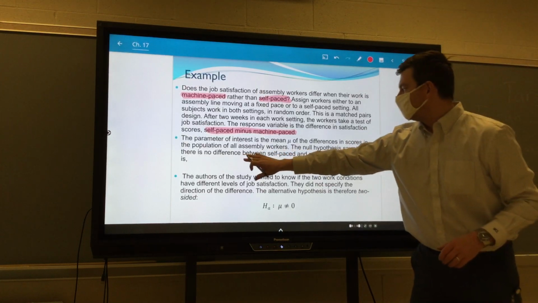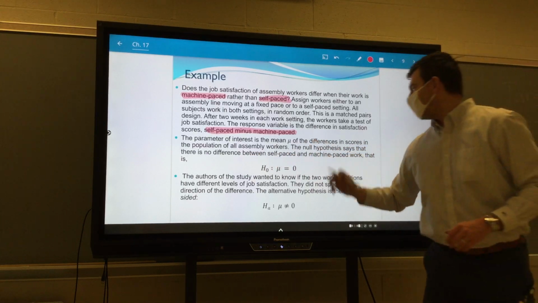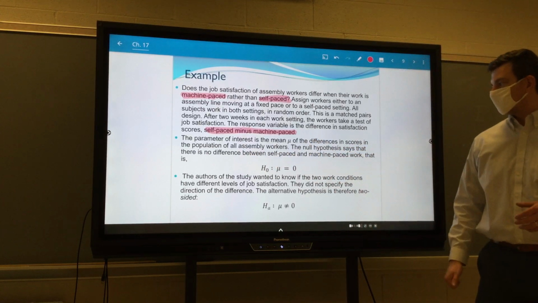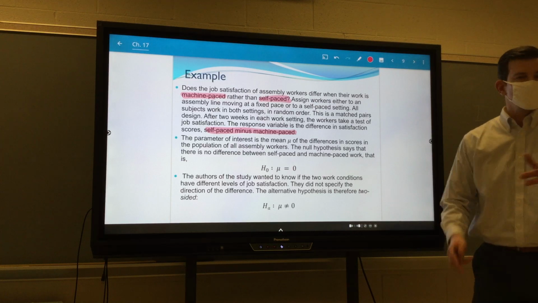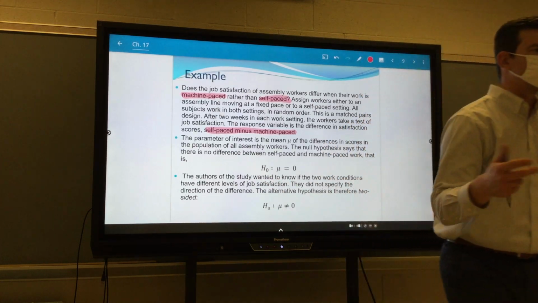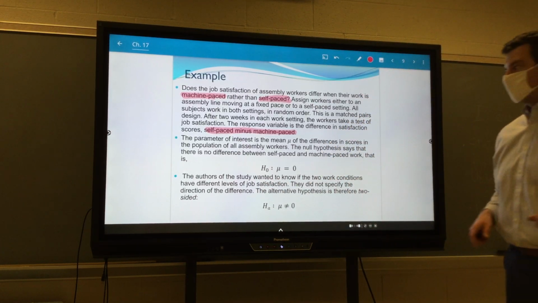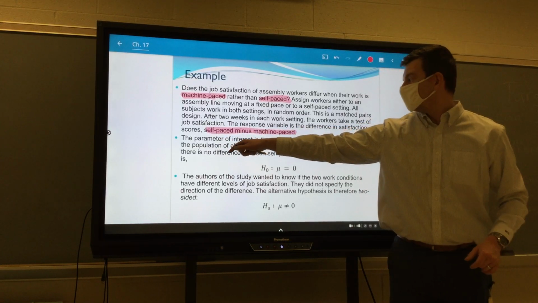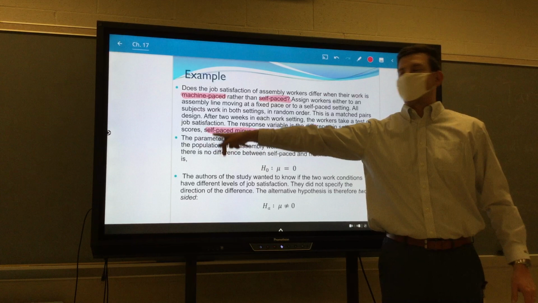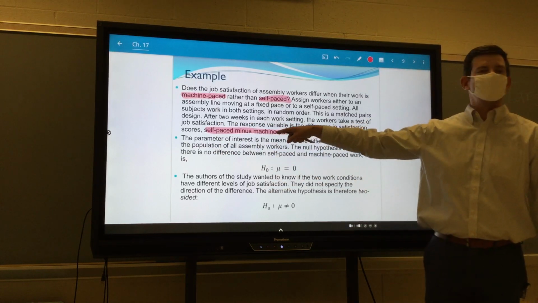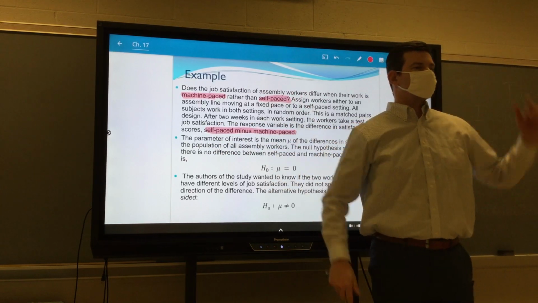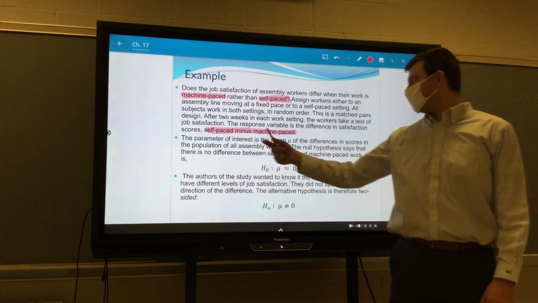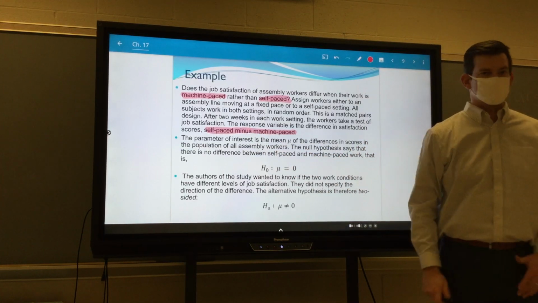Now the parameter of interest is the average differences in the scores. If there's really no difference between the preferences here, you would expect this to be 0, right? Somebody has a score of 10, somebody has a score of 10, because they like the same for both. 10 minus 10 is 0. There's no difference between the two.